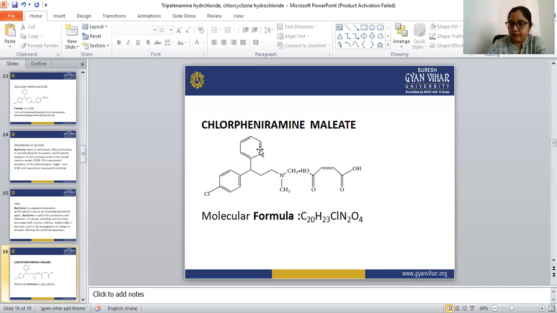Let's count the oxygen number: 1 oxygen, 2 oxygen, 3 oxygen, and 4 oxygen. So this chlorpheniramine maleate contains 20 carbon, 23 hydrogen, 1 chloride, 2 nitrogen, and 4 oxygen atoms. Okay, so this is the structure and the molecular formula of the chlorpheniramine maleate.